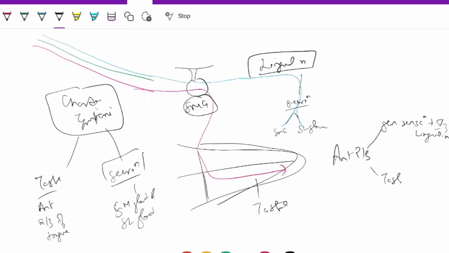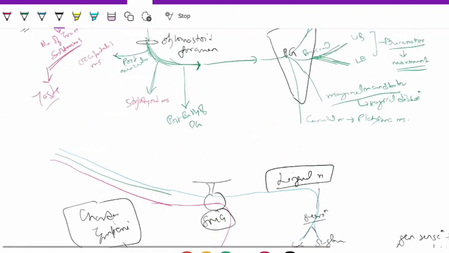Taste sensation, chorda tympani, that is facial nerve. And this is how we have covered our facial nerve. This is how we have covered the most important aspects of our facial nerve. I hope everyone is very much clear about it.